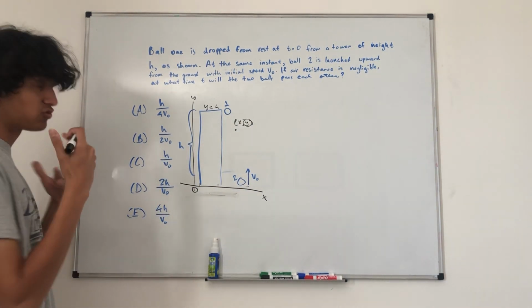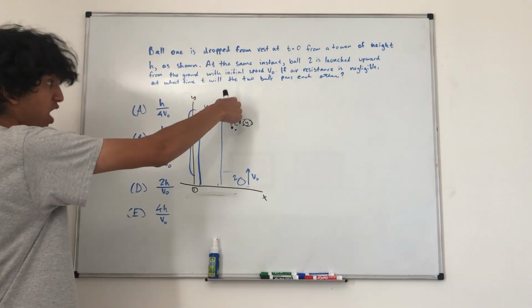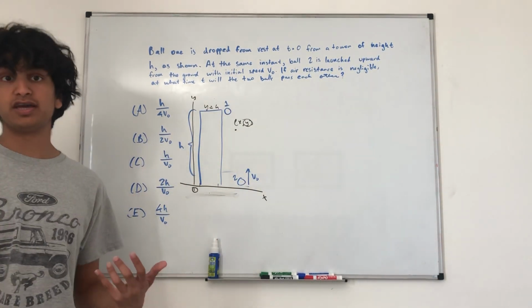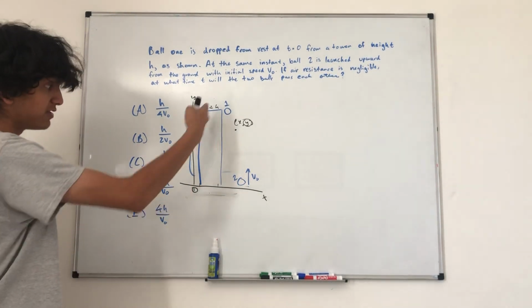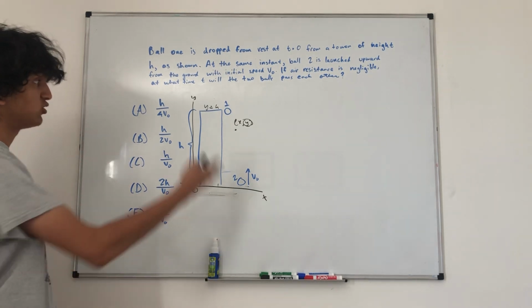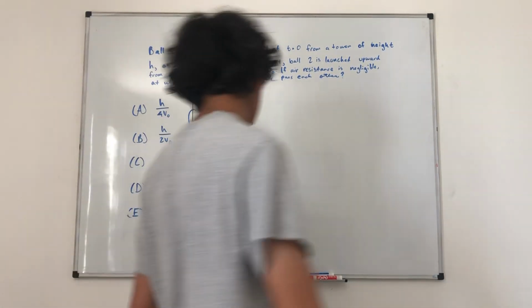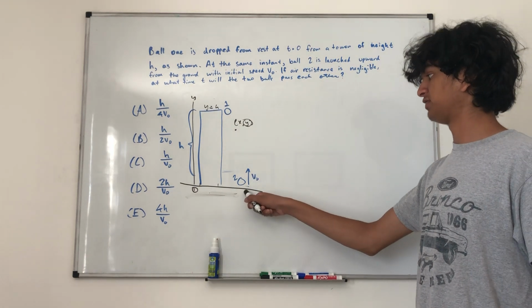So let's write an equation for the y value as a function of time, so that we can equate them and solve for at what t value they will have the same y. It's a bit more straightforward for ball 2.